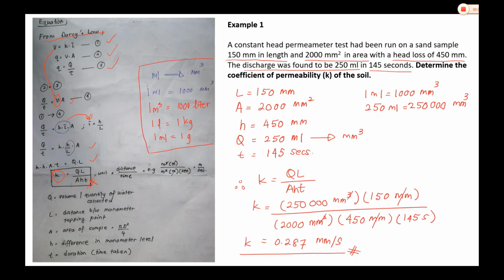So Q is the volume or the quantity of water collected, L distance between manometer tapping point, A is the area, H is the difference in manometer level, and T adalah duration or the time taken.